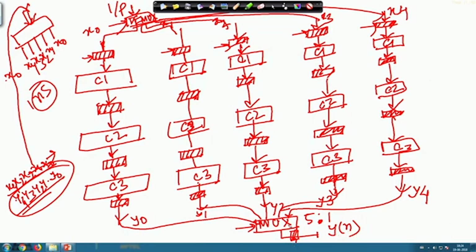If I do not consider this, then the register for this input and the registers which I require for the output, both require 1 nanosecond of sampling speed. The internal part of this will be different, okay.